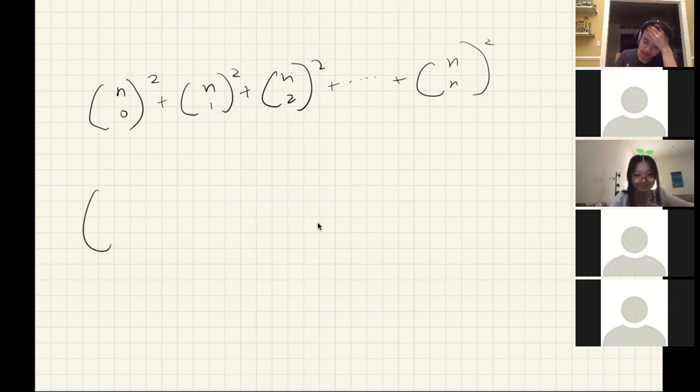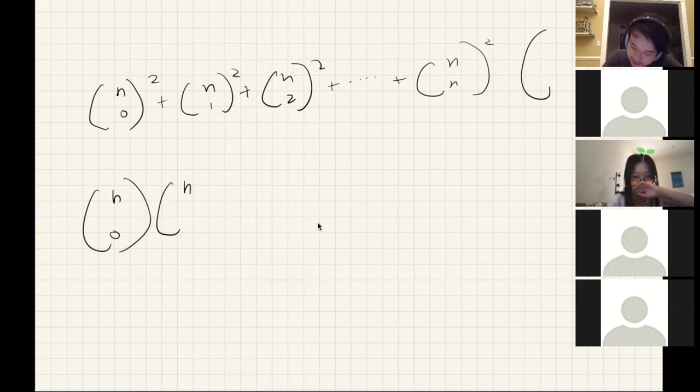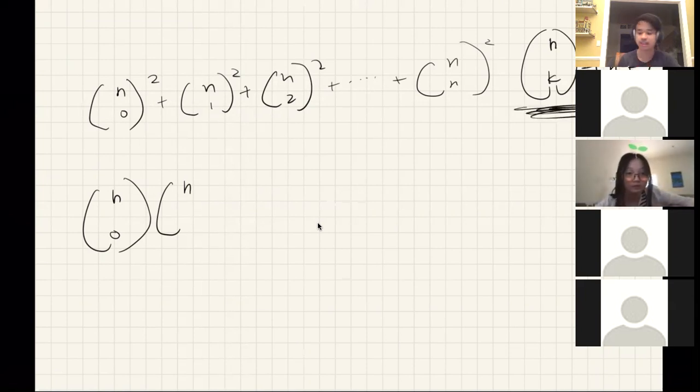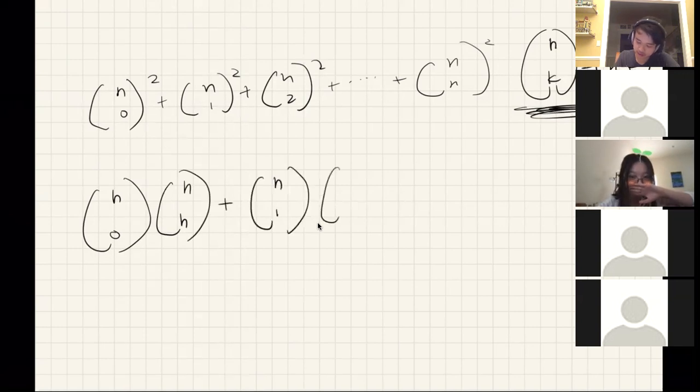The way we do this is to use the identity that n choose k equals n choose n minus k, which is a very common combinations technique. So our sum, when we write it in this way, becomes something like this.